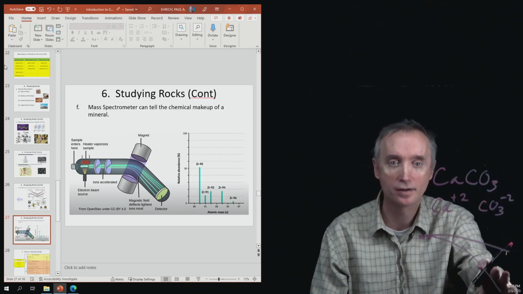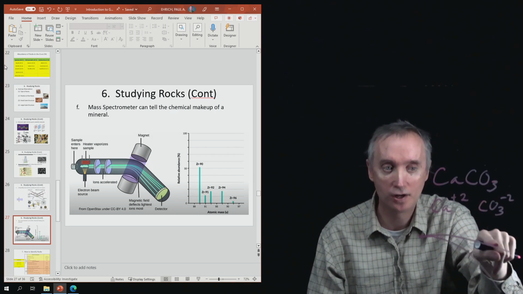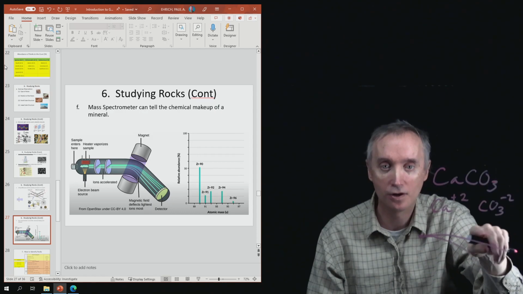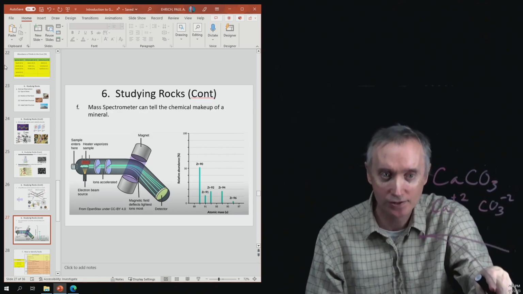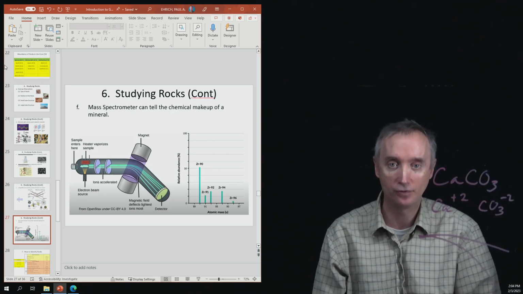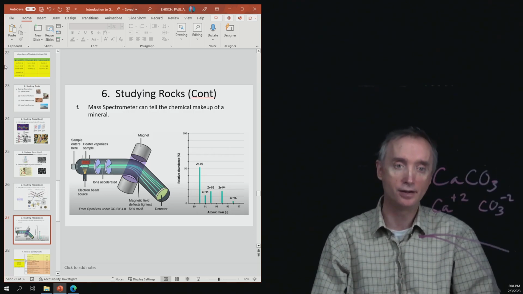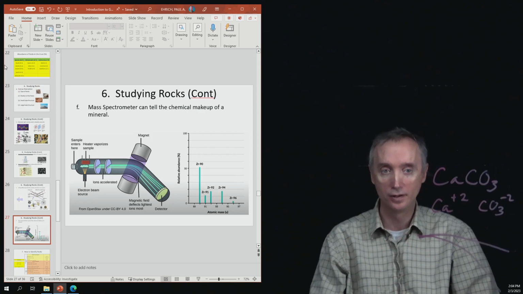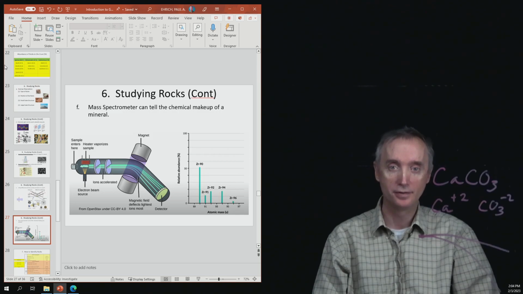Then you have a detector that can detect how many of these chunks are hitting it, and also what the charge and the mass of those chunks are, and then it's going to display it for you. Then you can take that data and analyze it, and figure out what the original atoms were that made up the mineral sample.